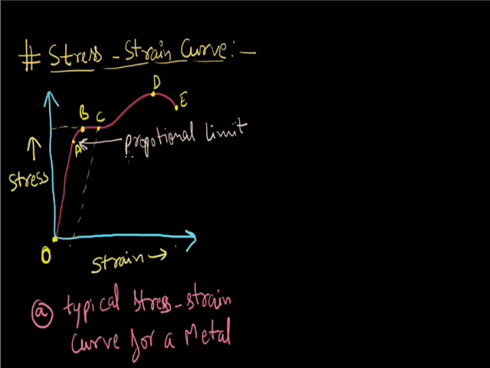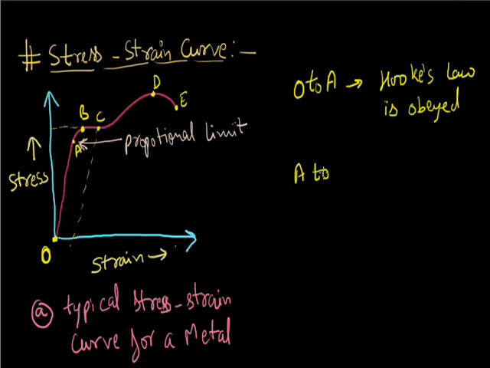Then the next region, from A to B: the stress and strain are not proportional. Up to A, Hooke's law is obeyed; from A to B, strain and stress are not proportional.